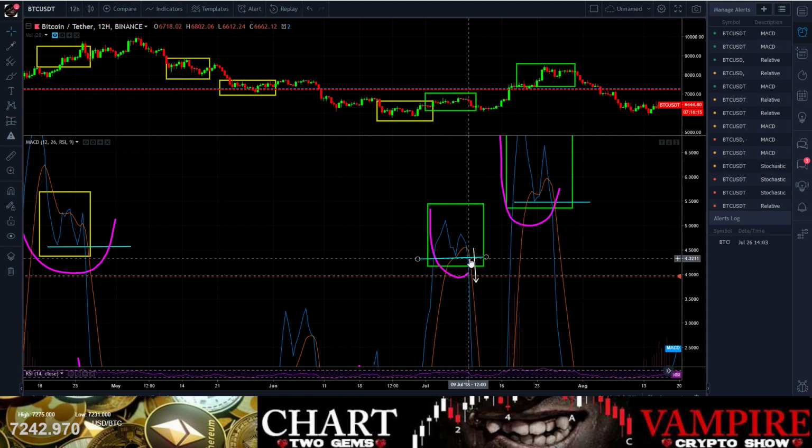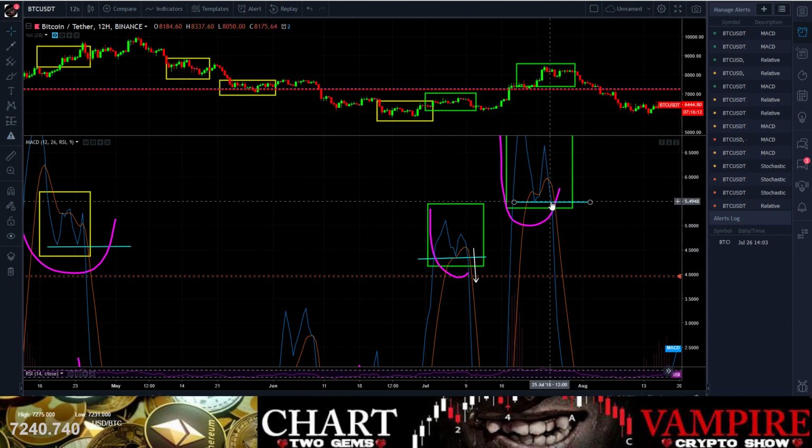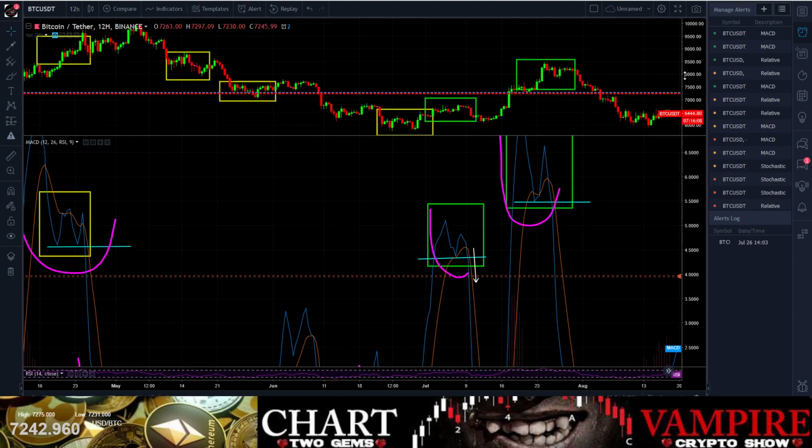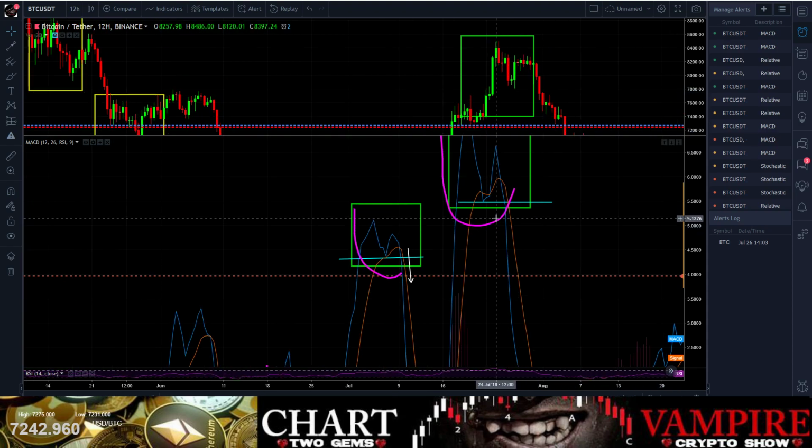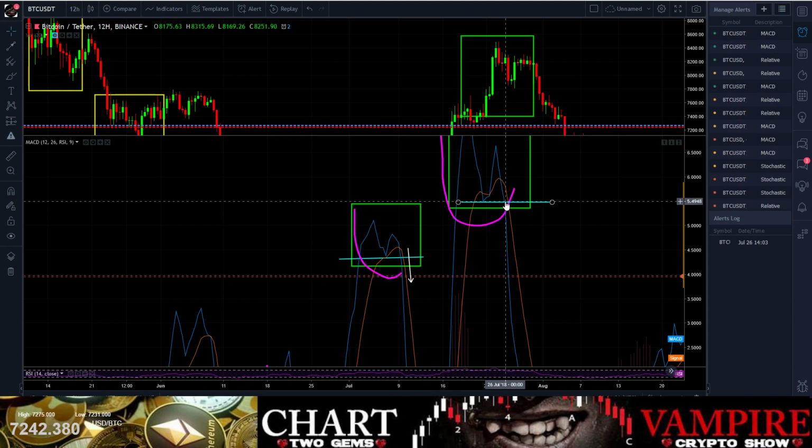So you can see the second it penetrated this, it went out, the second it penetrates. Look, it came down, and you can see the drop, and as soon as it hits right here, it bounced. Look at this, this is a bounce. So it went up.